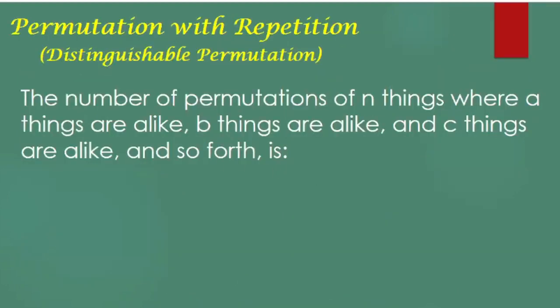Another, when you say permutation with repetition, it is the number of permutations of n things where a things are alike, b things are alike, and c things are alike, and so on and so forth. So again, please remember this formula because along the way, you will encounter it.